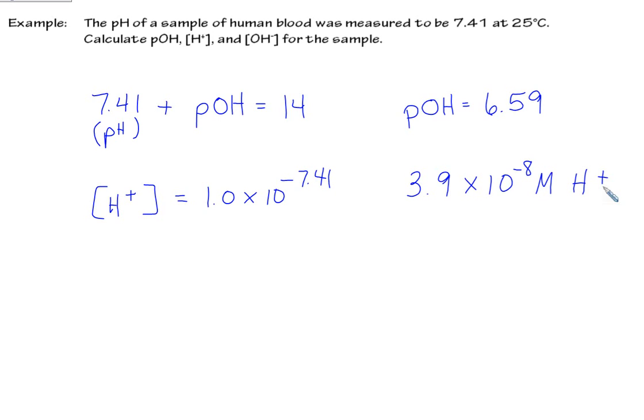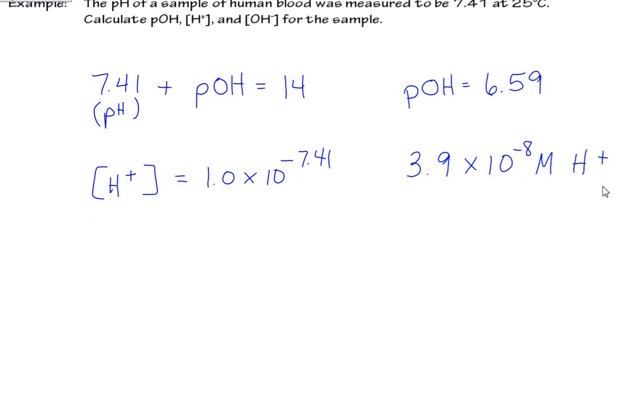What else do we need here? Hydroxide. We have two options. Option number 1. You could do something similar. If we know the pOH, we can use that in the same way to calculate the hydroxide concentration. We can say 1.0 times 10 to the negative 6.59.